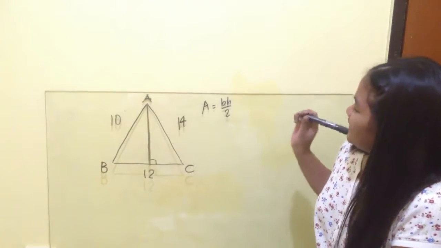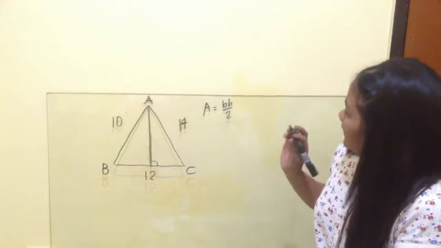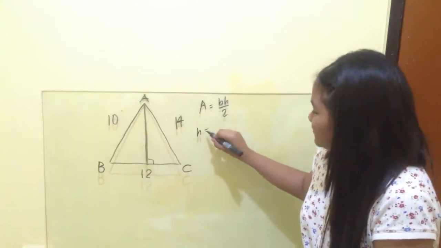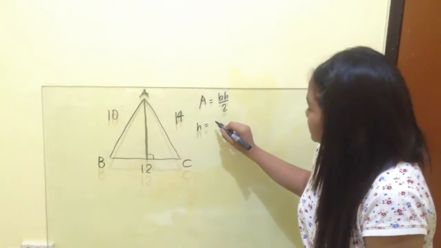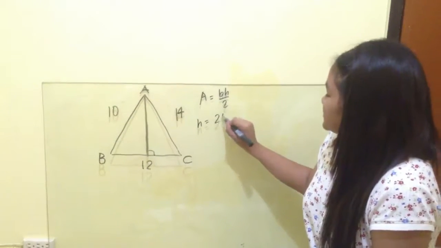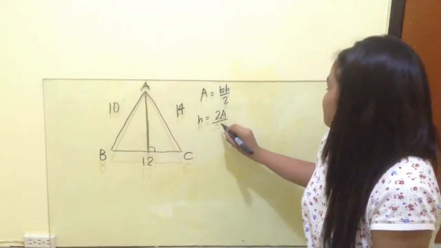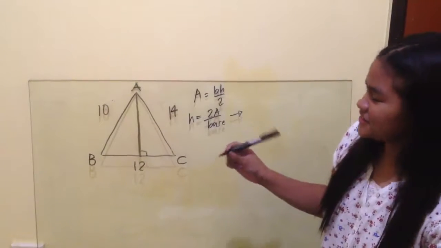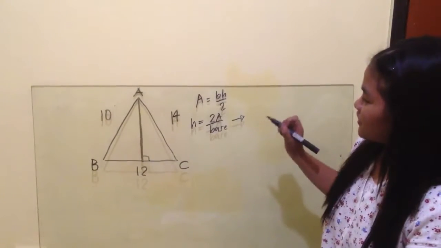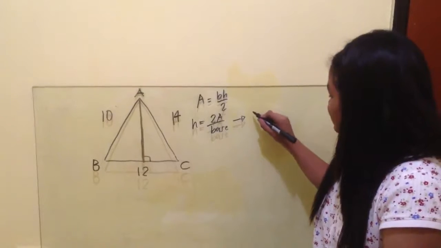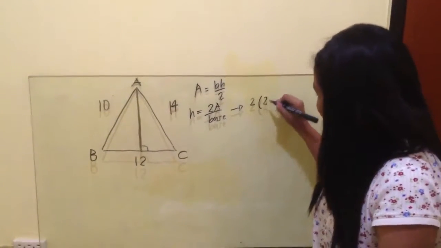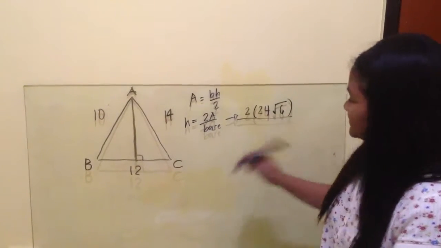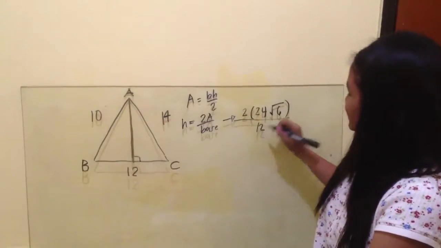Area is equal to base times height over 2. To get the height, we derive h from the area. So we have h is equal to 2 times the area over b. So we just multiply the area that we got from Heron's formula, which is 24 square root of 6, by 2, over base, which is 12 in this case.